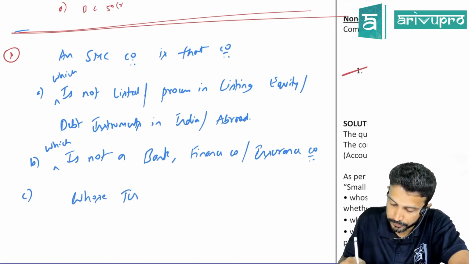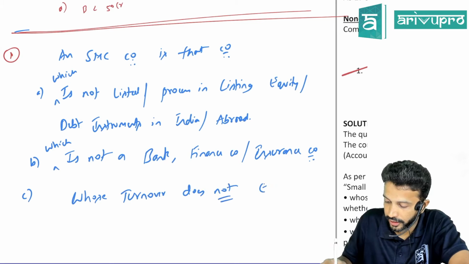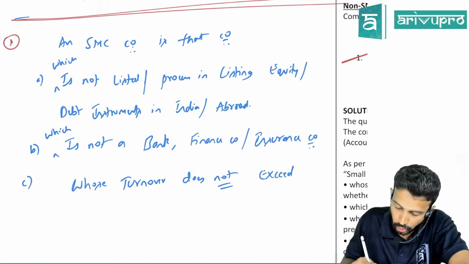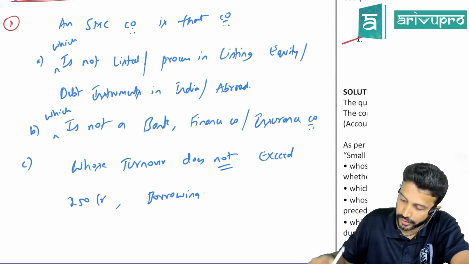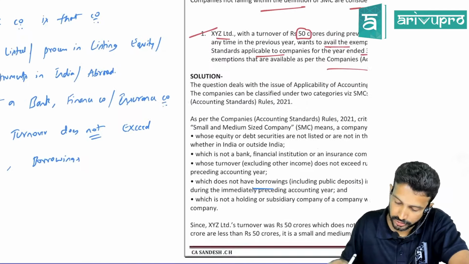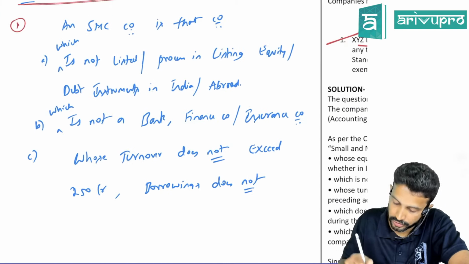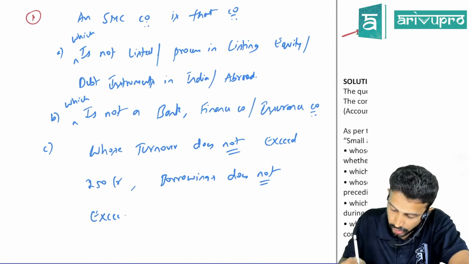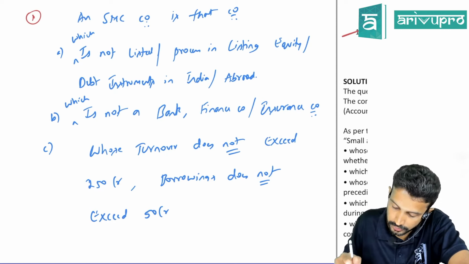Whose turnover does not exceed 250 crores or borrowings. If you don't want to write, it's fine, people. It's there over here, it's not mandatory. Borrowings does not exceed 50 crore. If you want, you can make that as a separate pointer altogether.